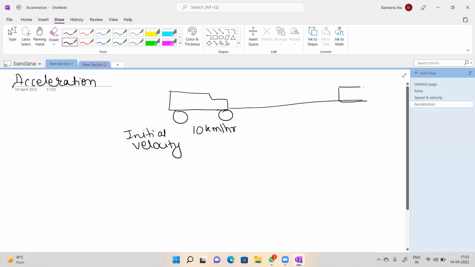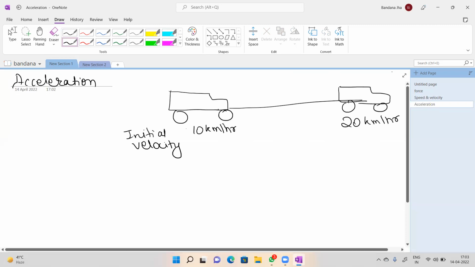The final velocity of my body is 20 kilometers per hour. The time taken by the body to reach the final destination is 2 hours. So how much will be my acceleration?